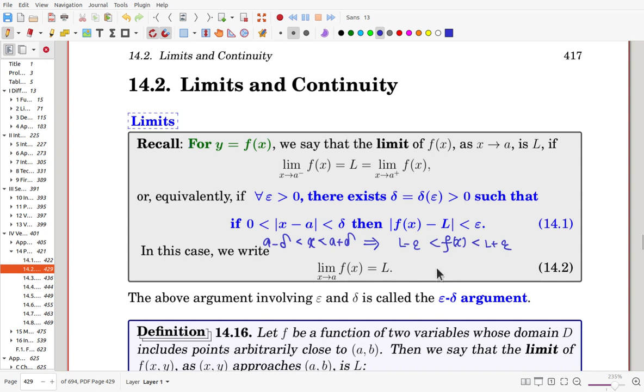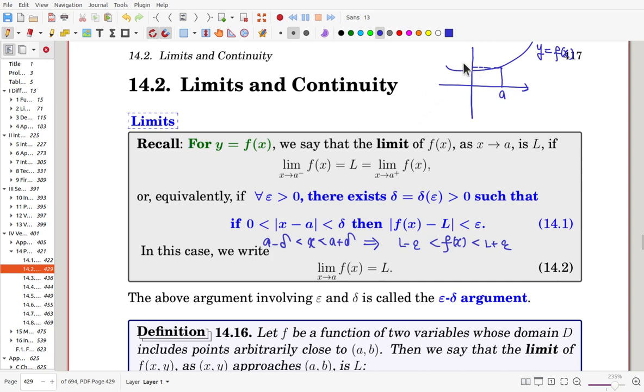Okay, let's try to visualize the argument. This is the xy coordinates, then y equals f of x. Now we have here a. At this point it may not be defined, so that's the reason we exclude the case x equals a.